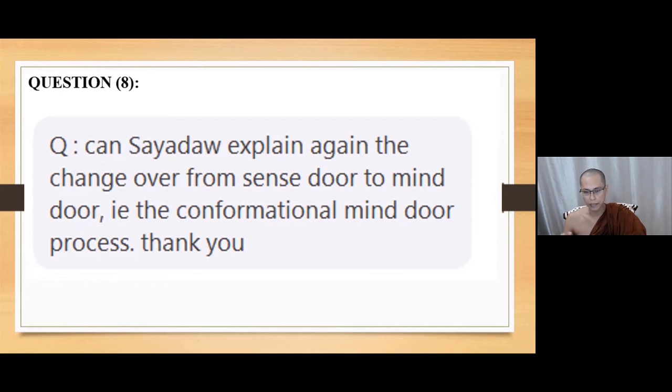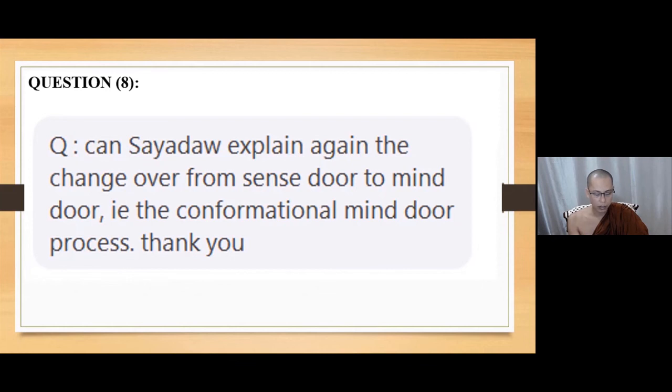All mind movement in that conformational mind door process takes the object of the same visible form as the previous eye door process. At that time, even though the mind door process arises, it does not recognize; it just recognizes the visible form as visible form.